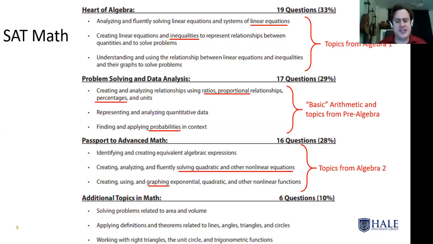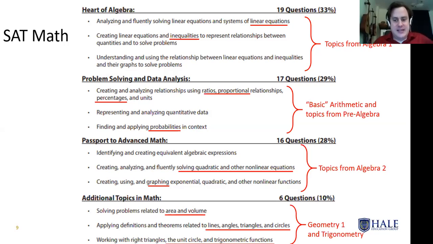There are only 6 questions here. But this category covers everything from area and volume, lines, angles, triangles, circles, and the unit circle and trig functions. That's so much material. It's Geometry 1, it's pre-calculus and trigonometry, but it's very few questions. And this is one of the key difficulties of the SAT.